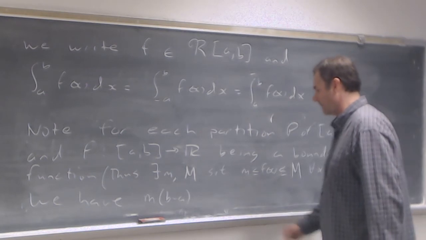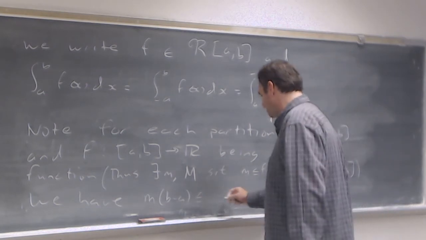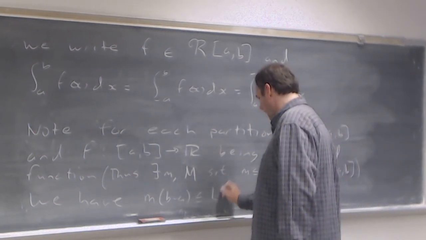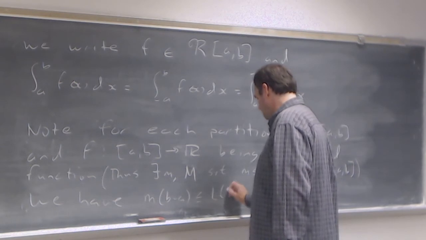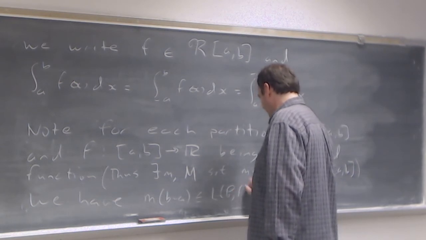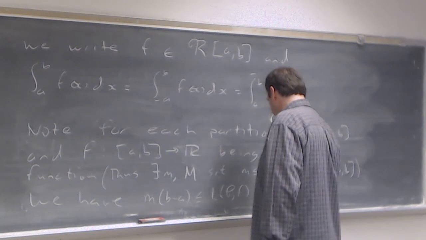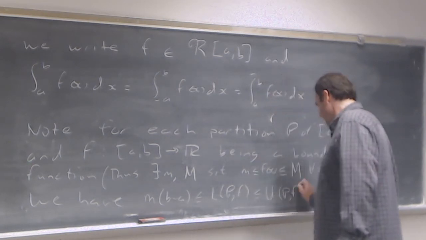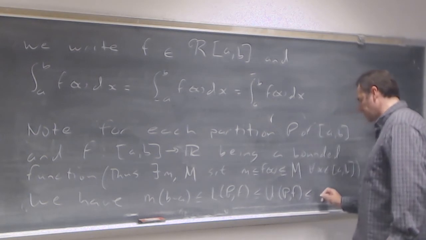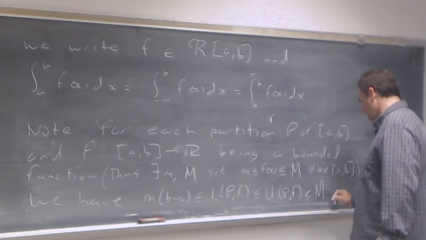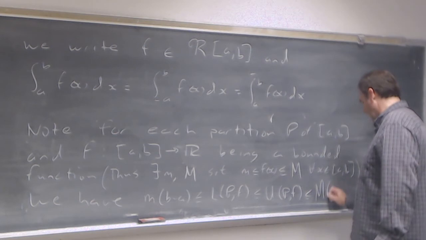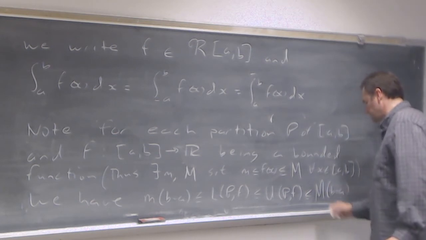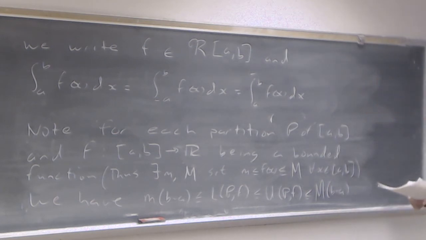So that's b minus a. Well, that's going to be less than or equal to the lower sum of P and f, which will be less than or equal to the upper sum of P and f, which is going to be less than or equal to big M times b minus a, the biggest value we can have.